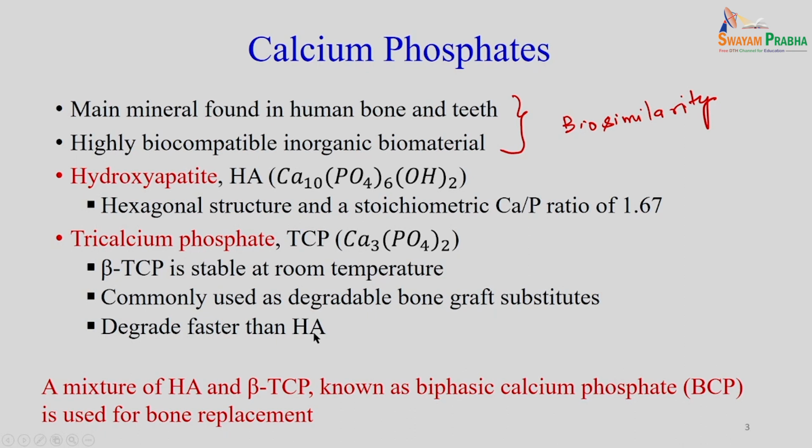And during the synthesis of calcium phosphate, mostly TCP is present with the hydroxyapatite. It means a mixture of hydroxyapatite and beta TCP is formed, and this is referred to as biphasic calcium phosphate or BCP, which is also used for bone replacement.